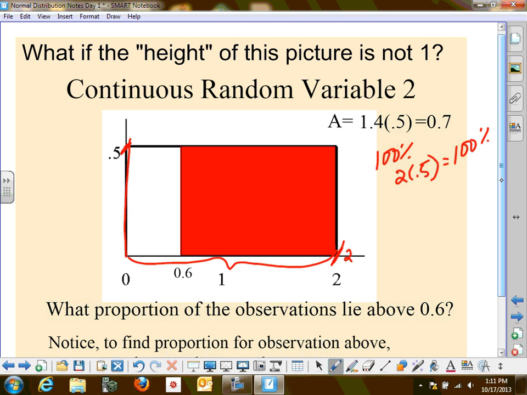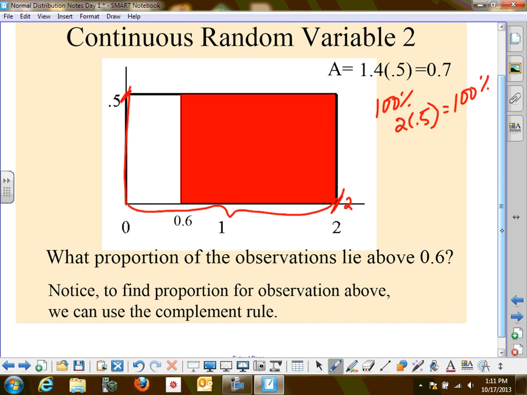How much? 60%? No. Okay. So how did you come up with 30%? Okay. Good. If I take 0.6 and I multiply it by 1/2, what is that? This is 0.6. And you multiply it by 1/2.